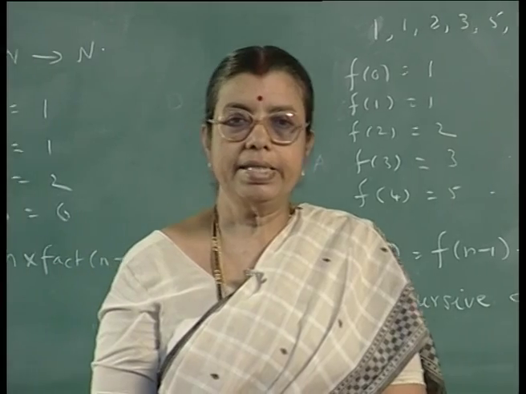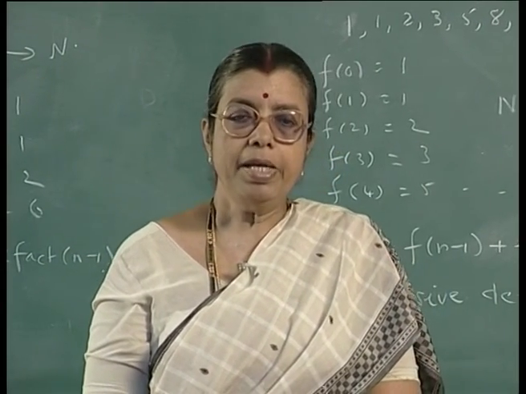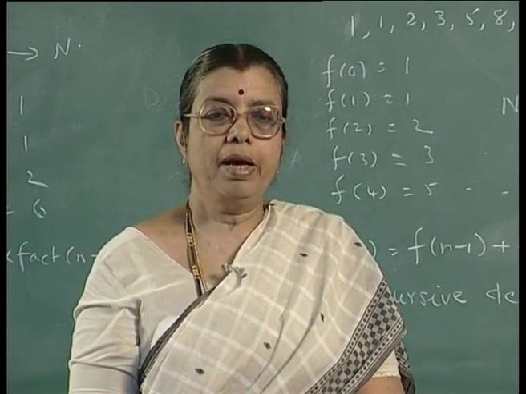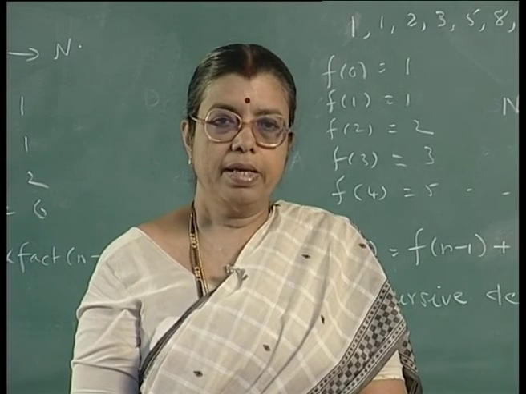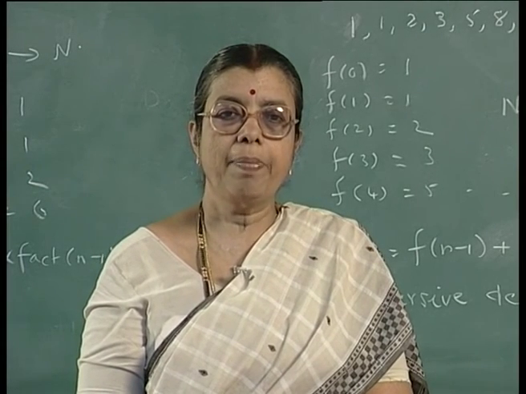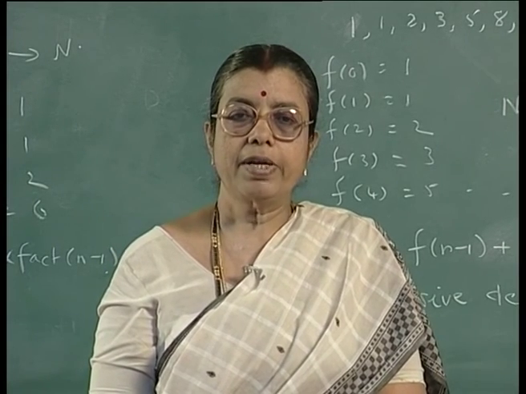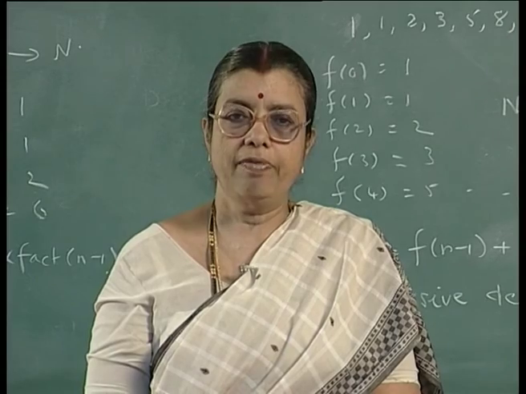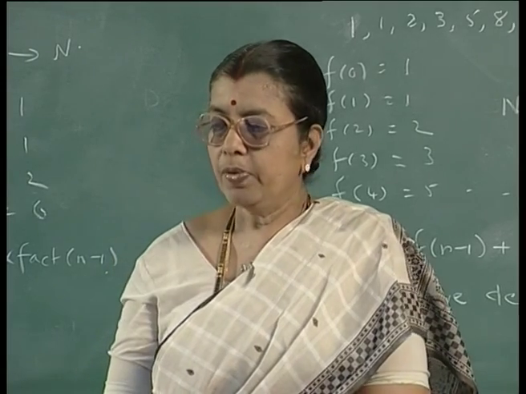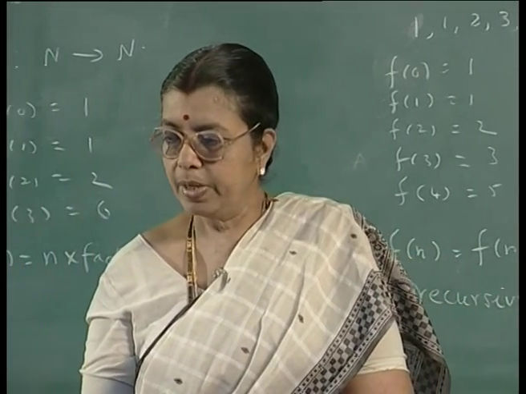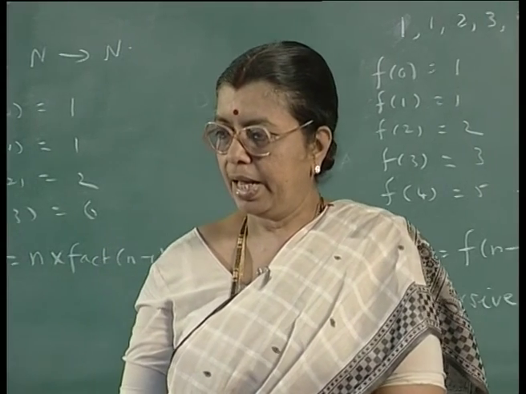Here again the other condition, that each element should be mapped onto a unique element of B, is there. That is, you cannot map one element of A into two different elements of B, but for some elements of A you need not define the map. That is known as a partial function.